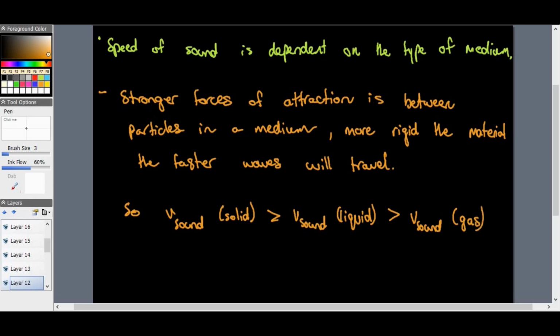So sound will travel faster in ice than in liquid, and faster in liquid water than in air. It will travel much faster.